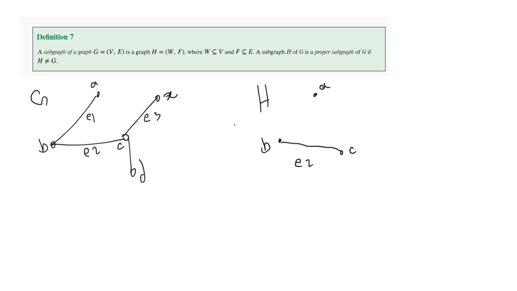So for instance, H then here is a subgraph of G because its vertex set is a subset, and its edge set is a subset because here it has just one edge, but that edge also exists between B and C here. But note that if we had an edge here, H would not be a subgraph of G because the edge between A and C does not exist in G.